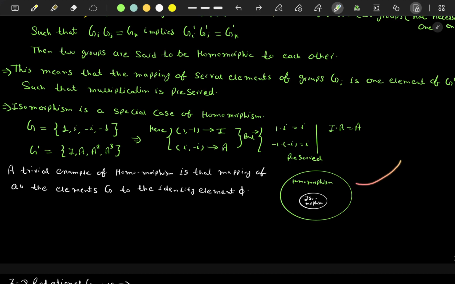So you can understand by Venn diagram also. Homomorphism is big and isomorphism is a subset of that homomorphism. So if homomorphism is there, isomorphism will also be followed. But if isomorphism is followed, then not necessarily homomorphism will be followed by the set of those groups.